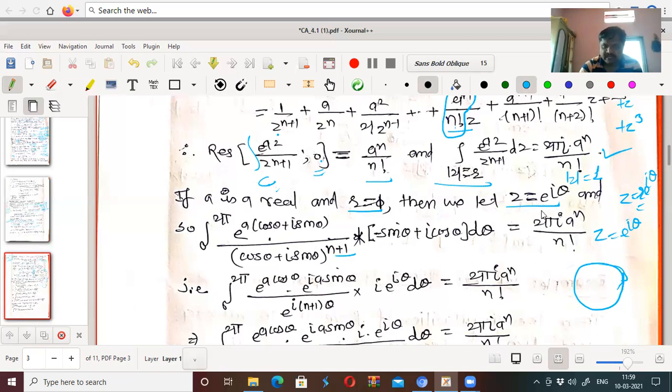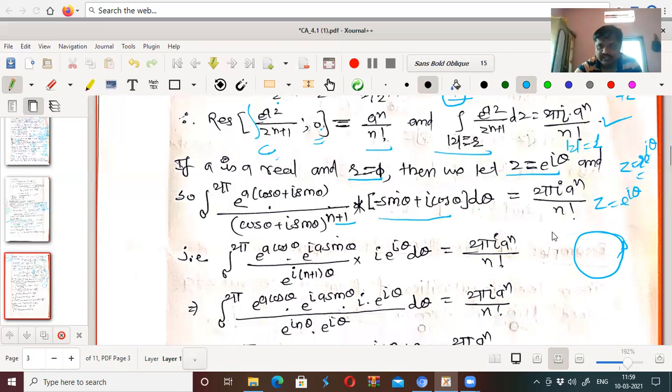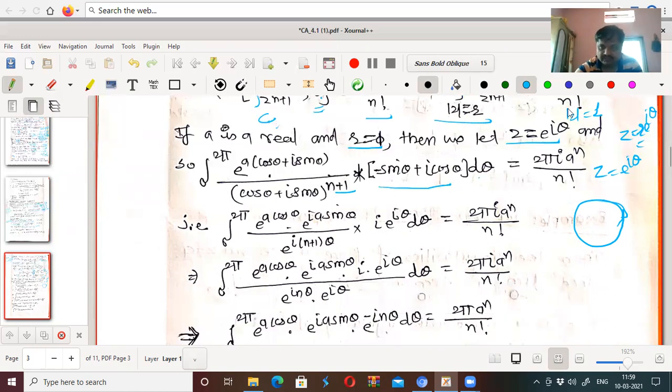Dz is i into e to the power i theta d theta, the derivative of cos theta plus i sin theta, whose derivative is minus sin theta plus i cos theta with respect to theta, which is equal to 2 pi i a to the power n upon n factorial, because the right hand side is this one. Now that is 0 to 2 pi e to the power a cos theta times e to the power i a sin theta upon e to the power i n plus 1 theta, into i into e to the power i theta, which is the derivative, d theta, equal to 2 pi i a to the power n upon n factorial.